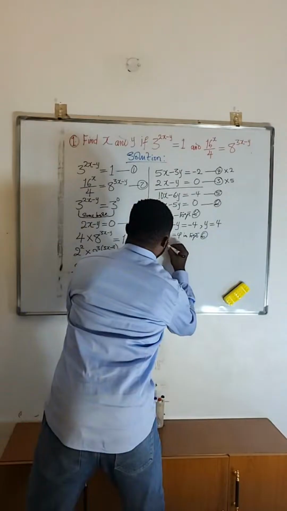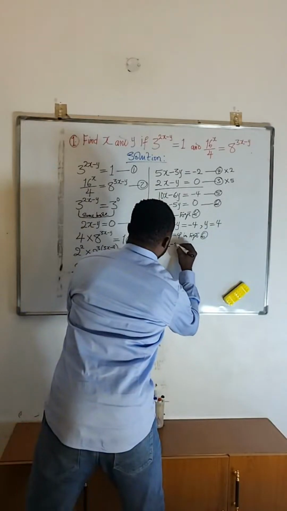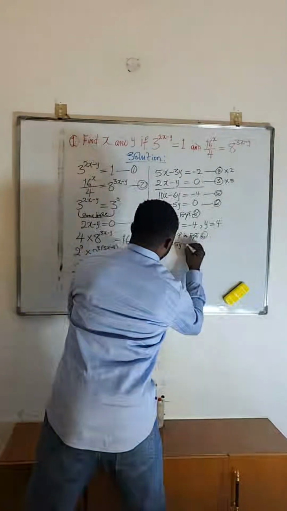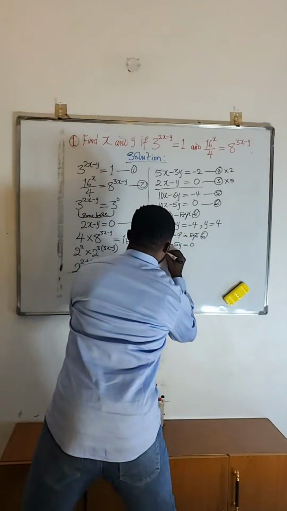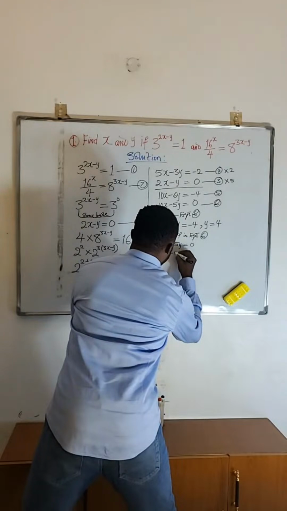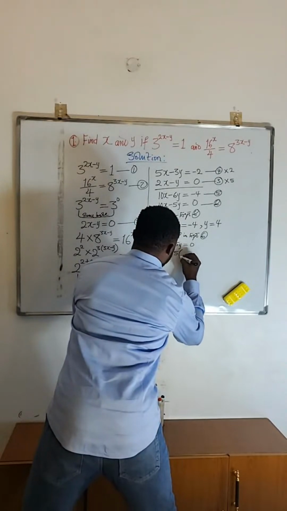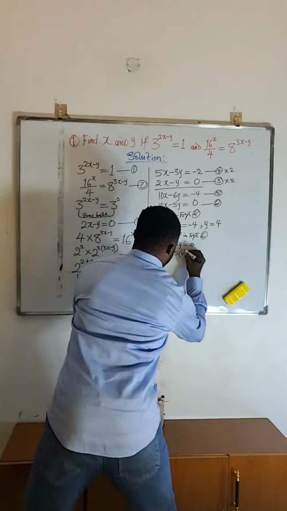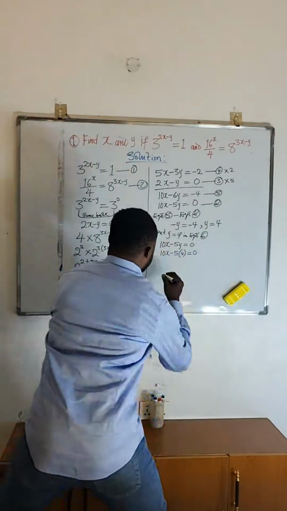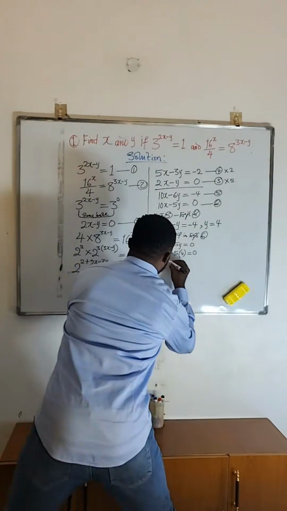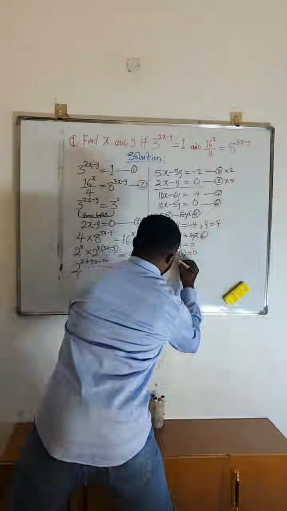This is 10x minus 5y equals to 0. And here we have 10x minus 5, y has been found to be 4, equals to 0.